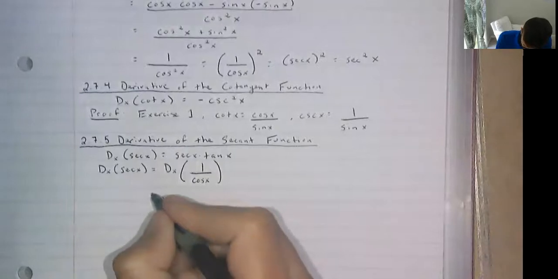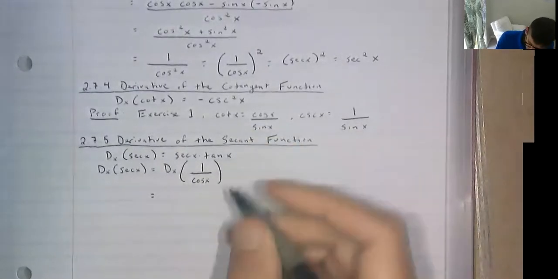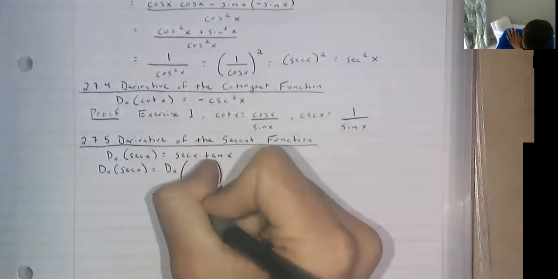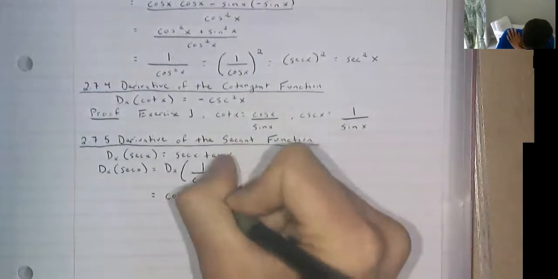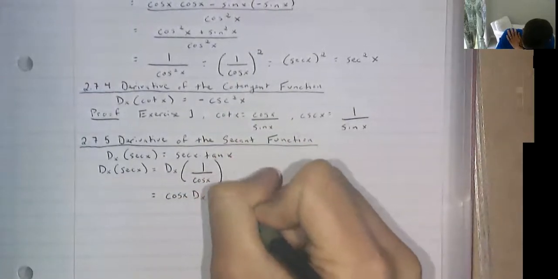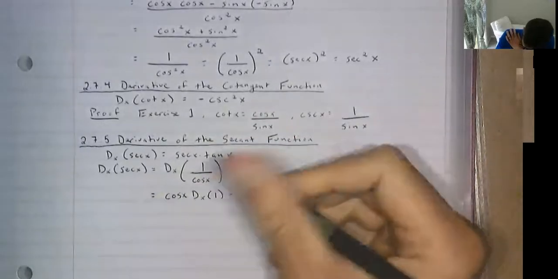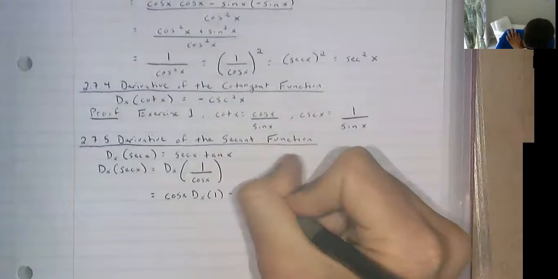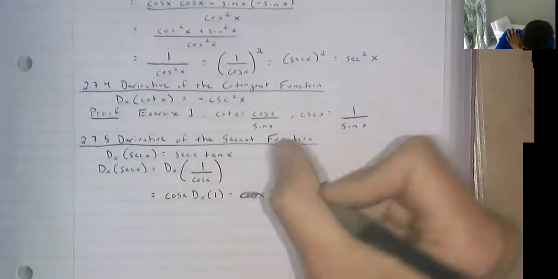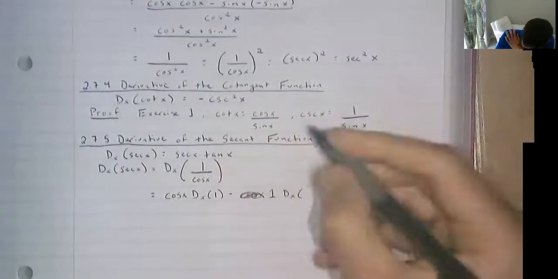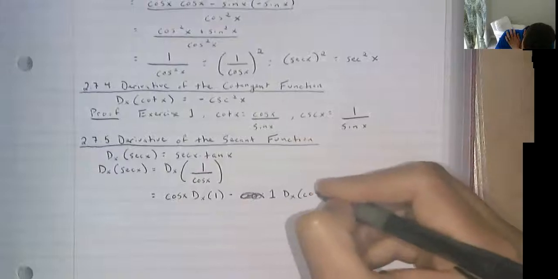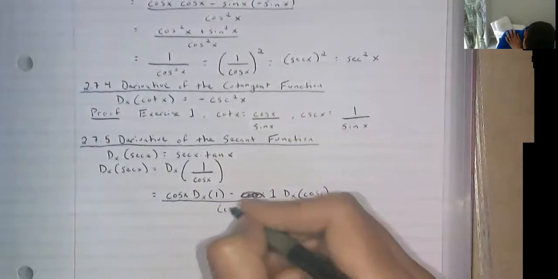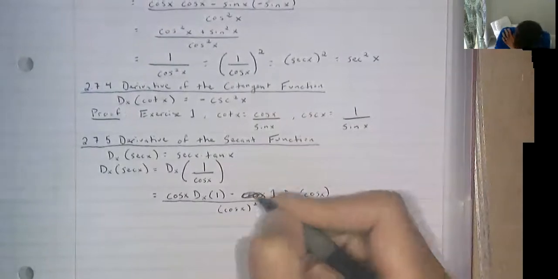Gosh, it's going to be so fun. So we've got the denominator times the derivative of the numerator, minus the numerator times the derivative of the denominator, divided by the denominator squared.